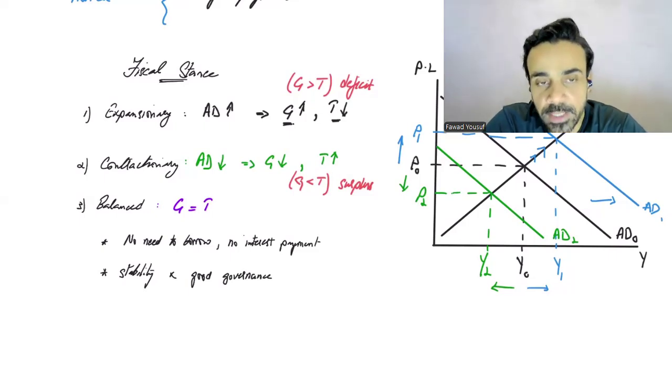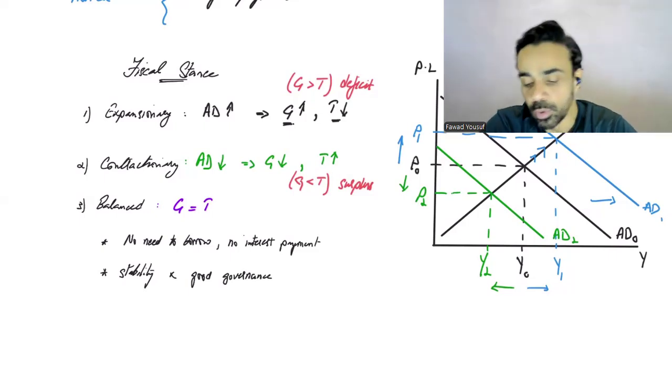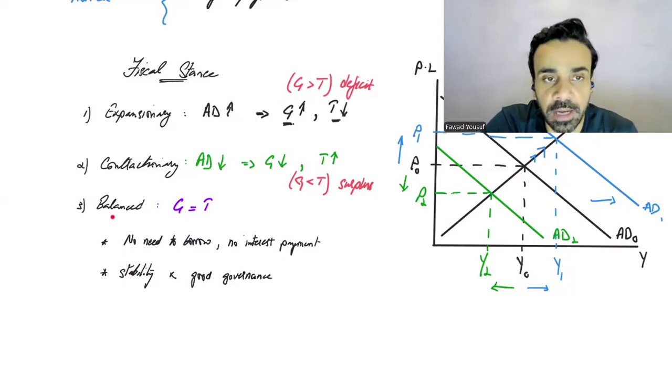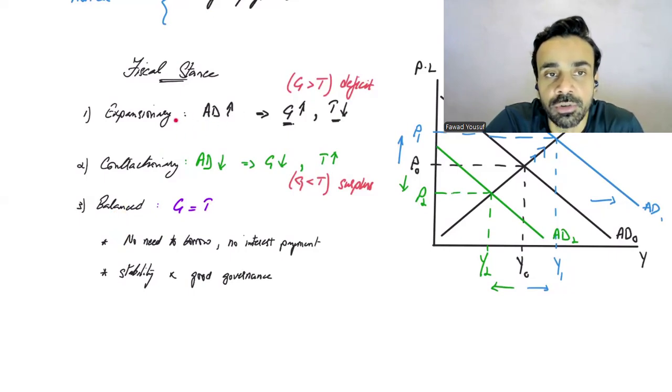But obviously, you have to know that on the other side, while you have these two advantages of a balanced budget, it is not always a desirable one. For example, if the economy is in a recession, then a balanced budget is not the way out. The way out of recession is that you need to have an expansionary policy.